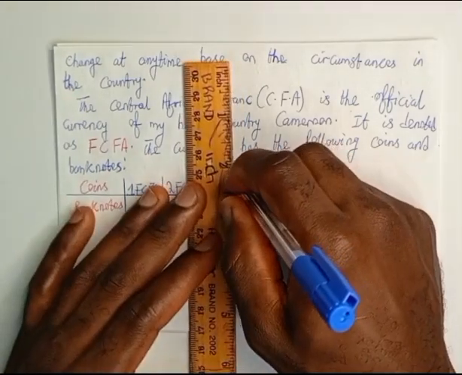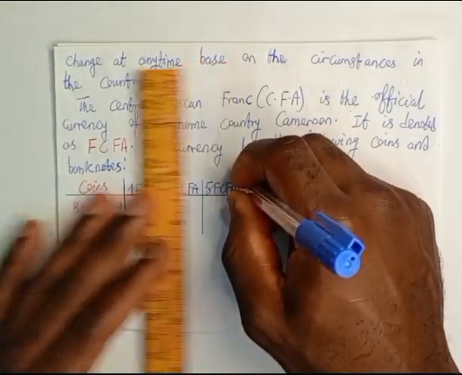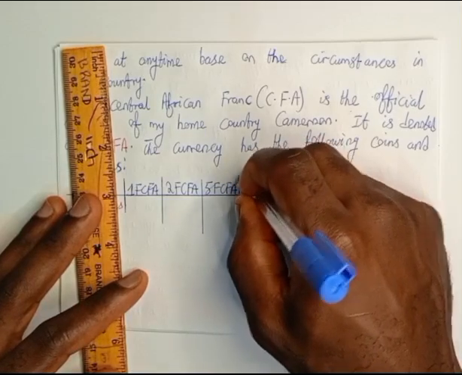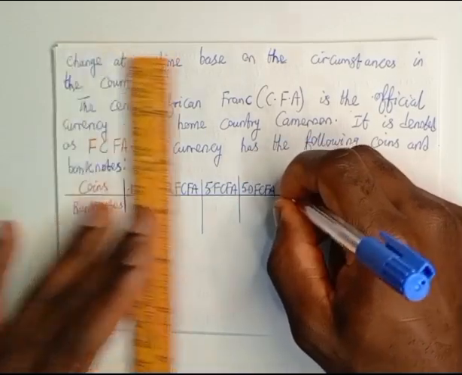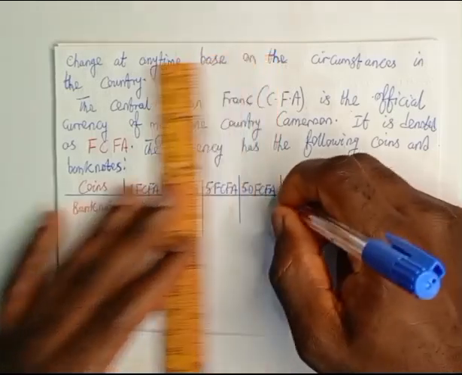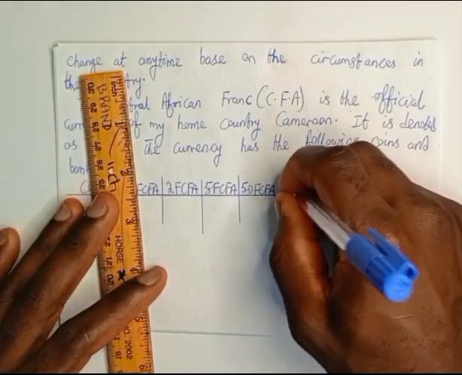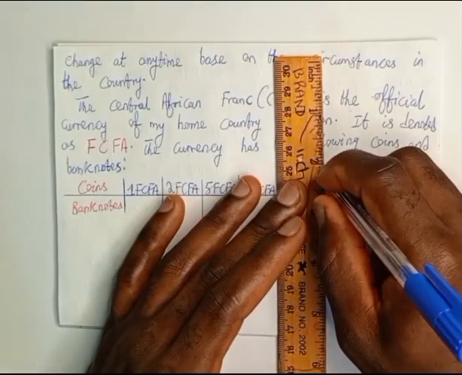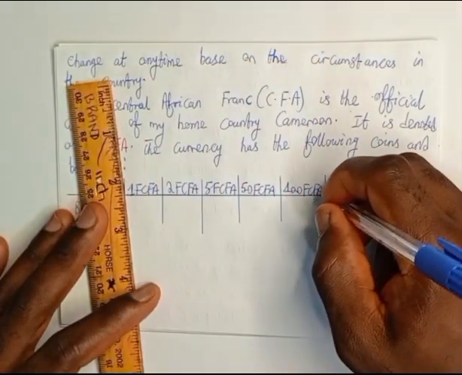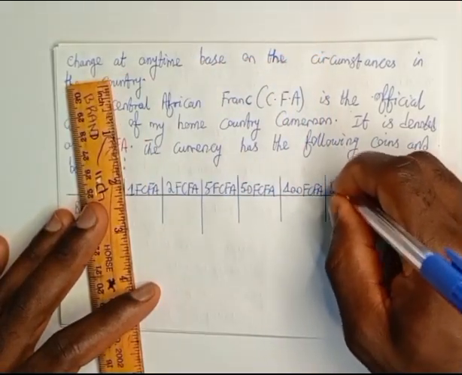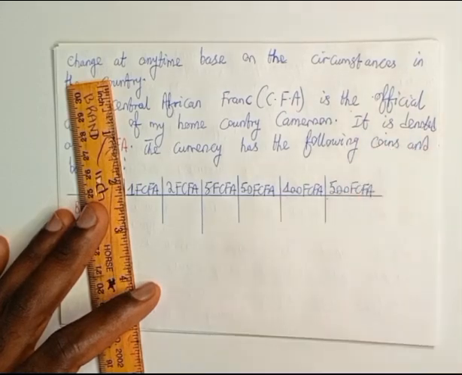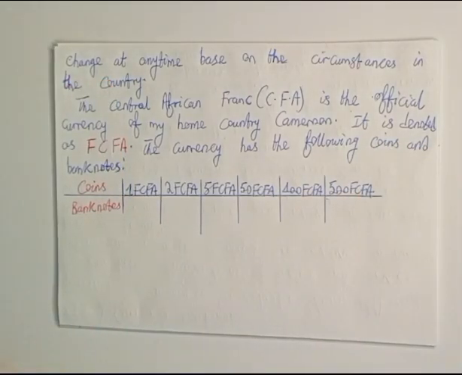Next we have 50 franc CFA. Next we have 100 franc CFA. Next we have 500 franc CFA, which is the largest amount of a coin.